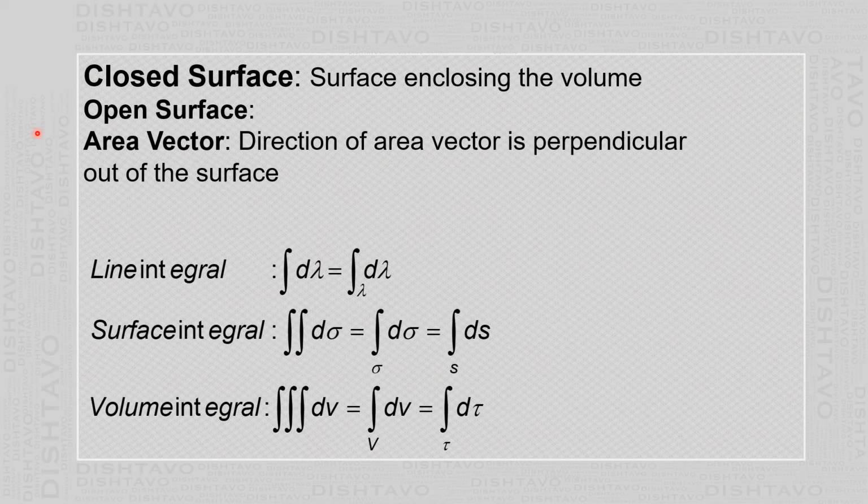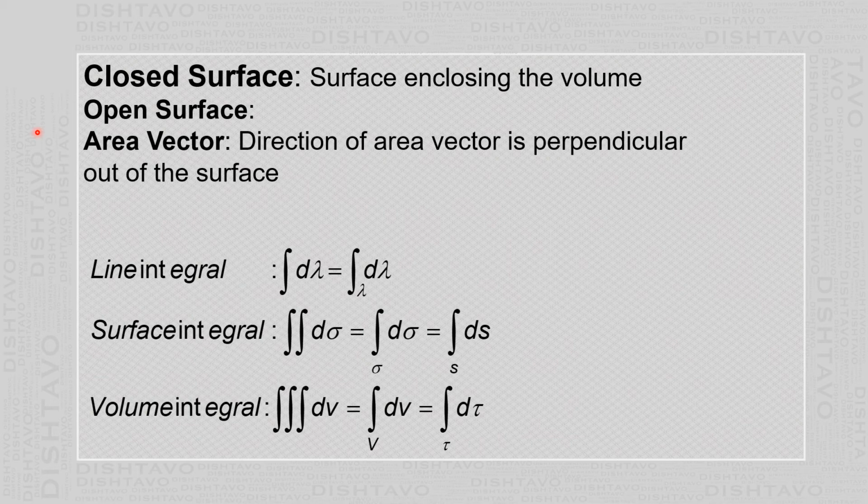That means, besides the magnitude of that area, a direction is to be specified, and the direction of an area vector is given as the direction which is perpendicular, out of the surface.